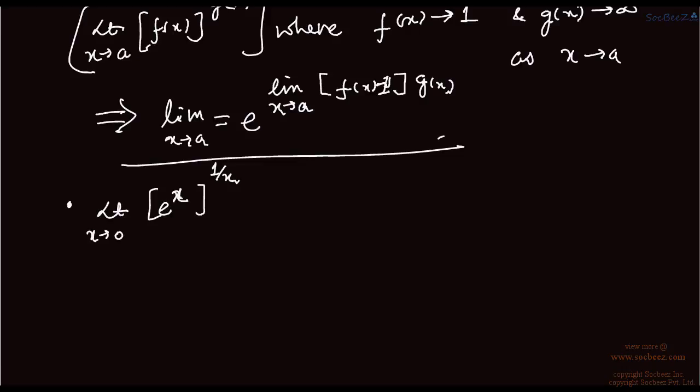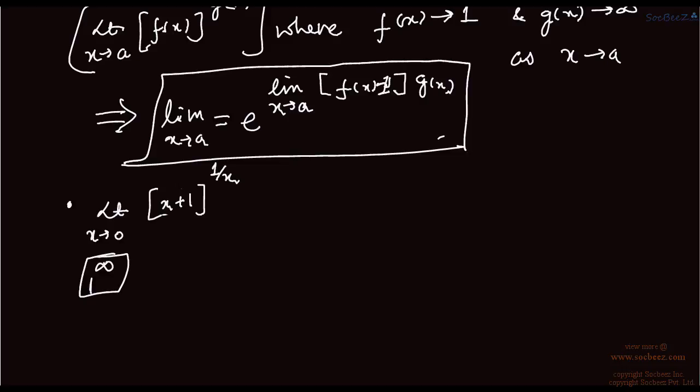Now, let's say we have x plus 1 instead of this, that will be simpler. Now, when x is tending to 0, x plus 1 is tending to 1, and 1 by x is tending to infinity. So this is the 1 to the power infinity form.